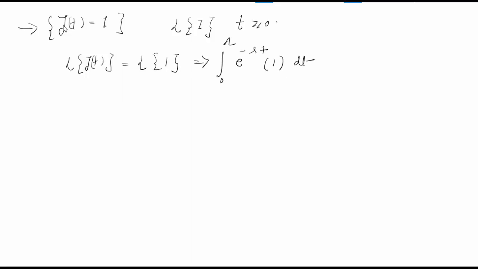When I do the integration, it will come to e raised to minus st divided by minus s, from 0 to infinity. On solving this, the answer will be 1 upon s.